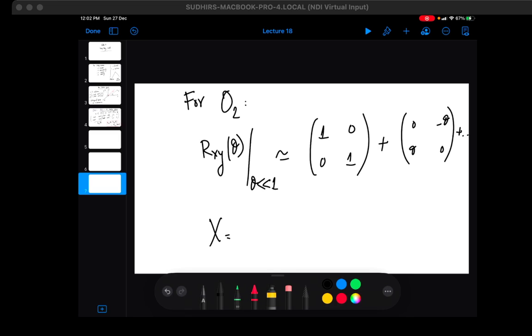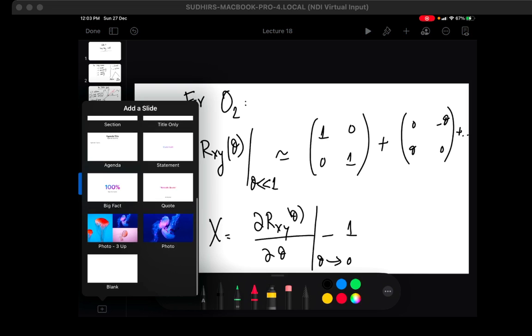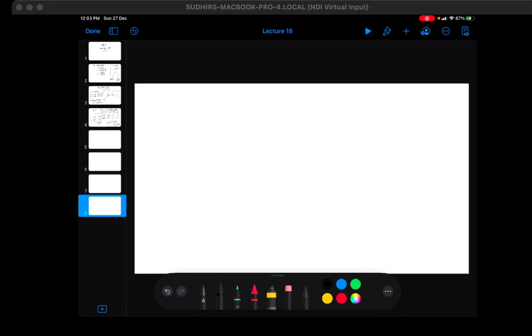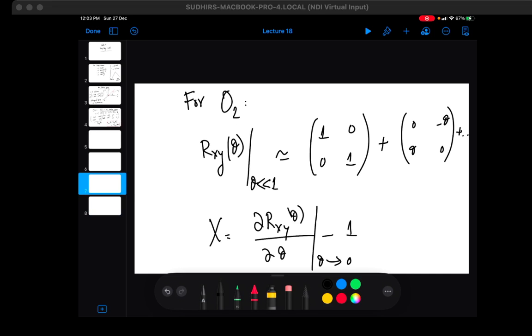So this will be del R of x y of theta by del theta, where theta is very small, say theta goes to 0, minus 1. This is also the same thing. Then if you want, you can put a 1 by i here, minus 1 by i. It's a sort of convention. So for your x, there is only one generator.